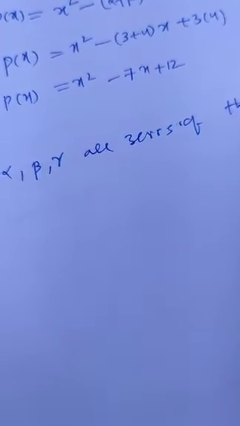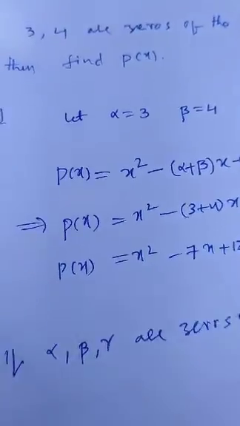So if you have three zeros, note, if alpha, beta, gamma are zeros of the polynomial p of x. I explained only for a quadratic polynomial. Now if you have three zeros, alpha, beta, gamma are the zeros of the polynomial p of x, then how to find p of x?